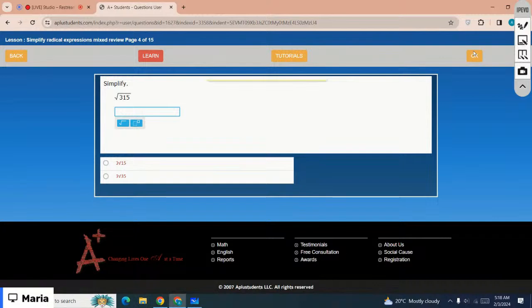The next one is square root 315. So you have to make the prime factors of 315, right? So let's just see what prime factors you can make for 315, right? So square root 315.